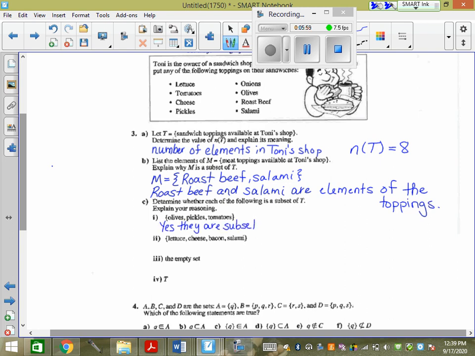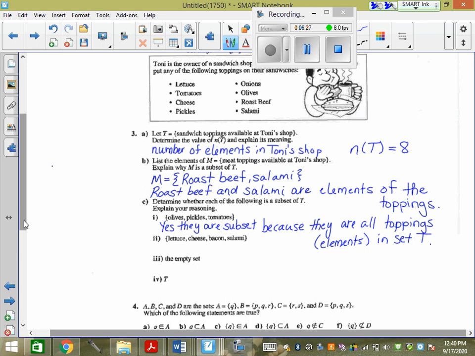Yes, they are a subset because they are all toppings, all elements in set T.